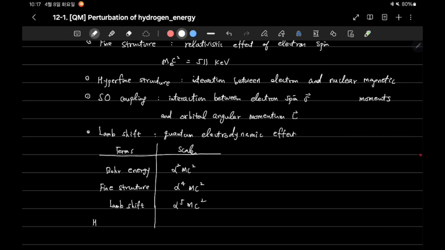And the hyperfine structure is on the order of alpha to the 4 mc squared, but here there is a factor of the electron mass divided by the proton mass. It is the hyperfine interaction.